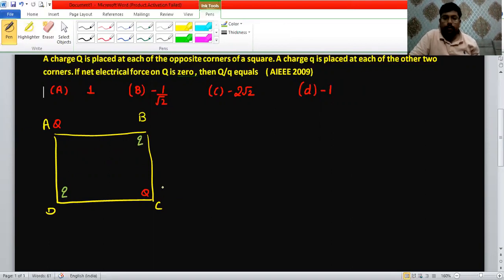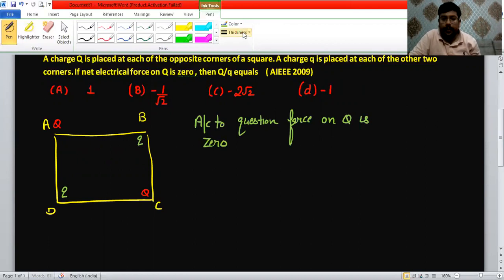So now according to the question, force on capital Q is 0.